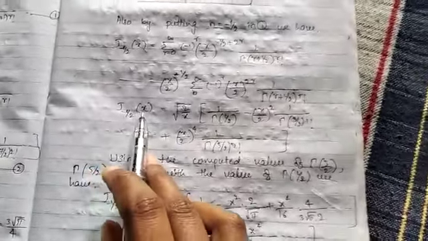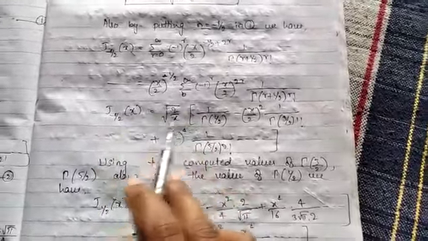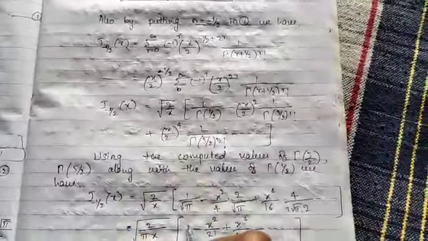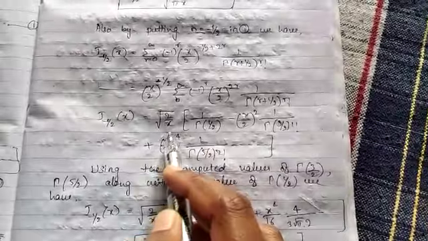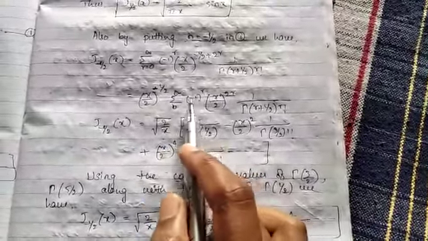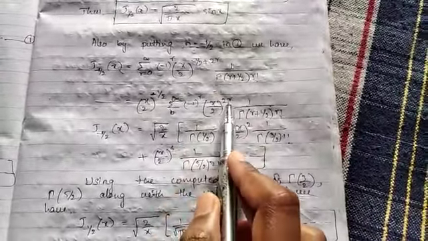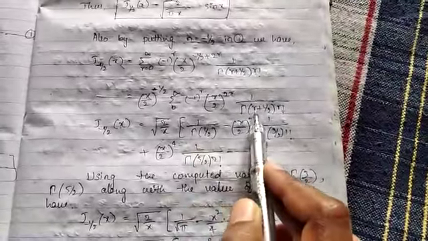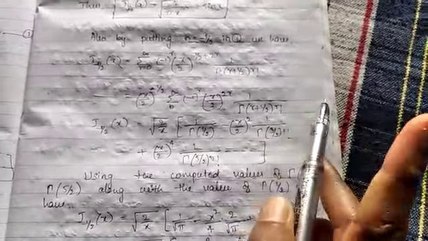J of minus 1 by 2 of x: x by 2 whole to the power minus 1 by 2 means 1 divided by square root of x by 2. Taking reciprocal, we get square root of 2 divided by x, and writing the summation as a series: r equal to 0 means minus 1 to the power 0, that is 1, x by 2 to the power 0, 1 divided by gamma of 1 by 2, 0 factorial is 1.